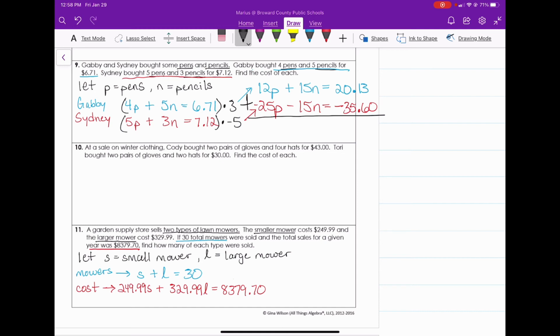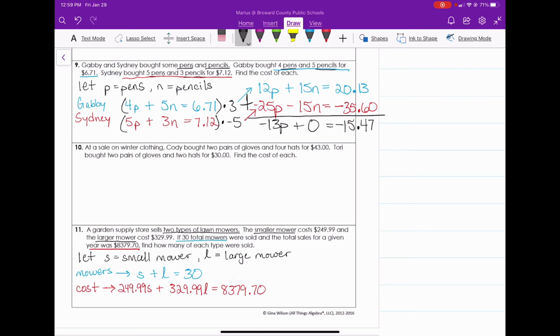So when I add positive 12p plus negative 25p makes negative 13p, plus 0 equals. Now, we have 35.60 minus 20.13. That's going to equal 15.47. It's going to equal a negative 15.47.